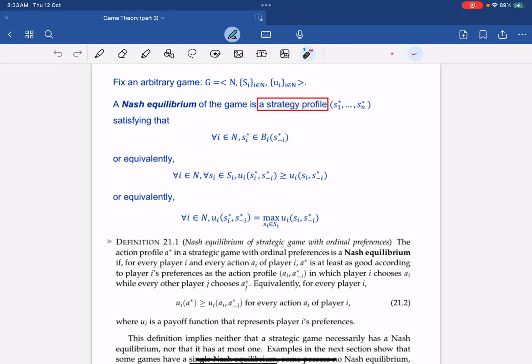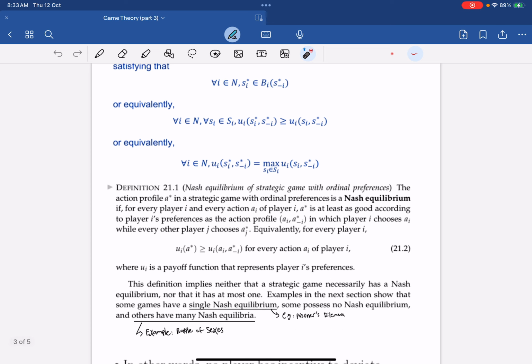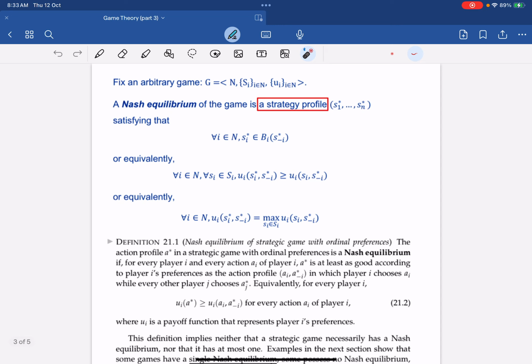And so a Nash equilibrium now is just a strategy profile such that everyone's strategy is a best response strategy, and so it means that you maximize the payoff for that action.